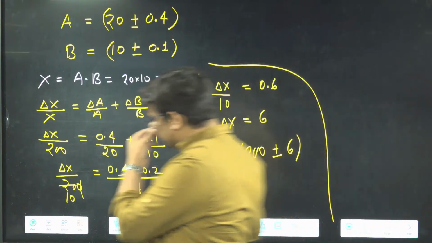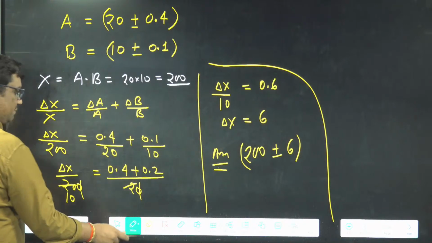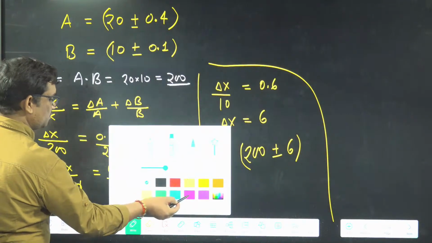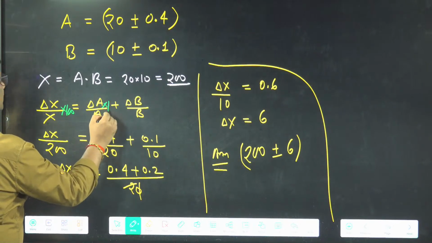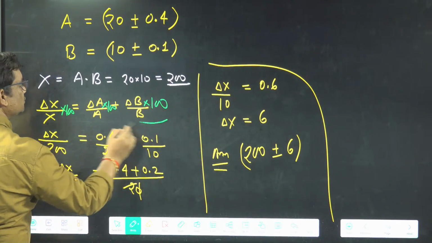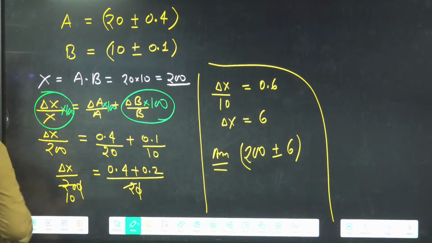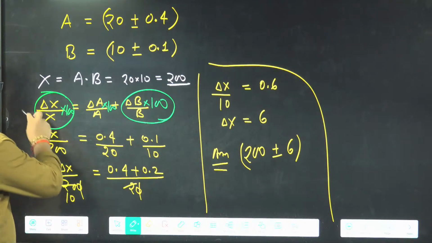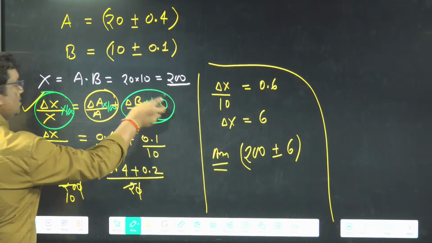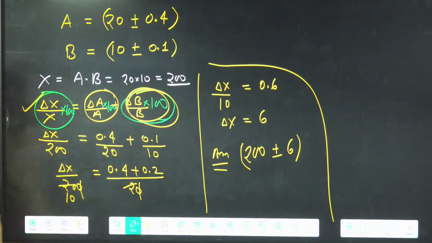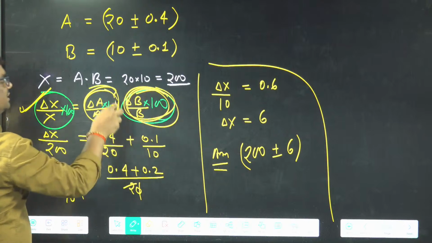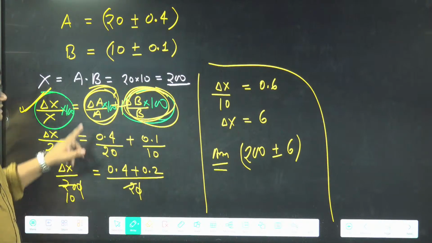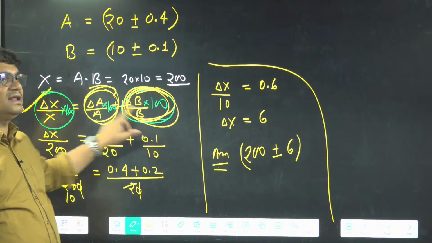You see that here, if I multiply in the previous question by 100, then here 100, and then here 100. So you can say basically this is the percentage change of X. So percentage change of X equals percentage change in A plus percentage change in B. Means percentage change I can add directly.